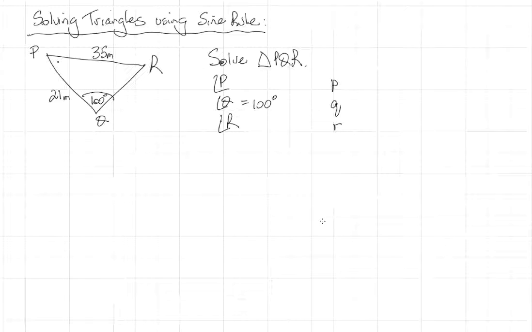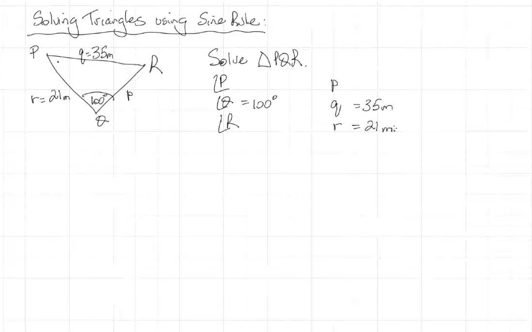R we don't know. Now opposite Q, that's the length of side Q, so that's 35 meters. Opposite P is side P, we don't know. And opposite angle R is side R, and that is 21 meters.